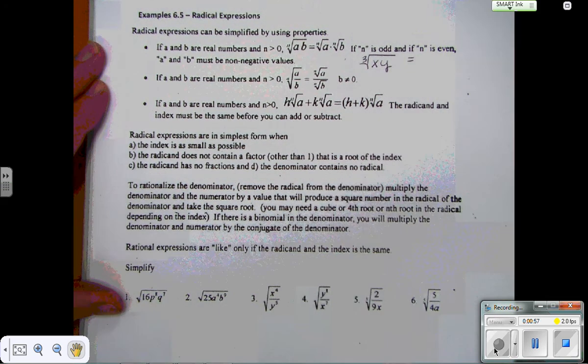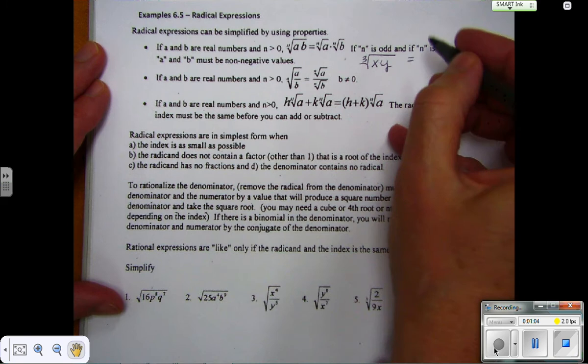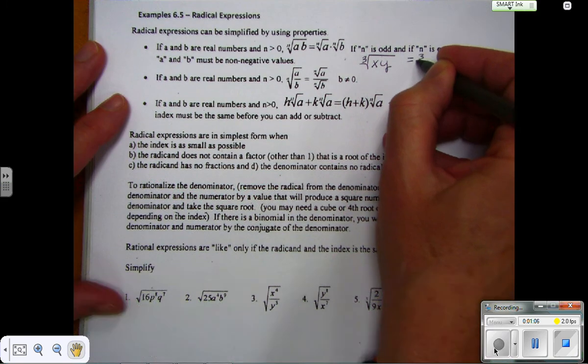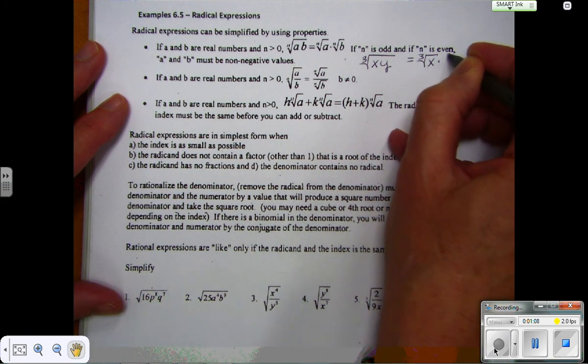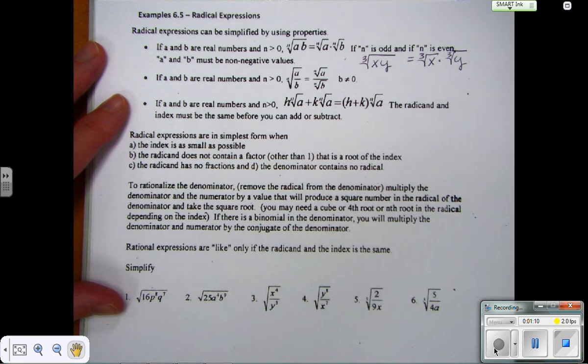You can break up those factors, x and y. Remember, factors are things that are being multiplied together. So I could change that to the third root of x times the third root of y, and I can work with it in that arrangement instead of leaving it under all one root.